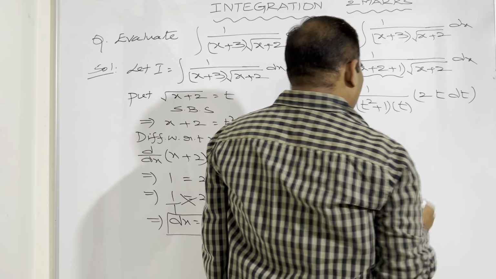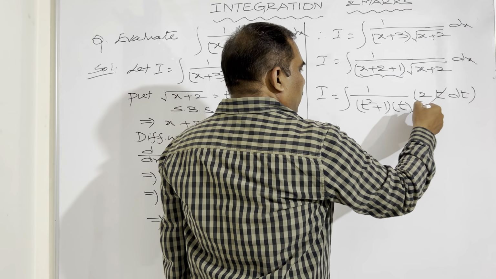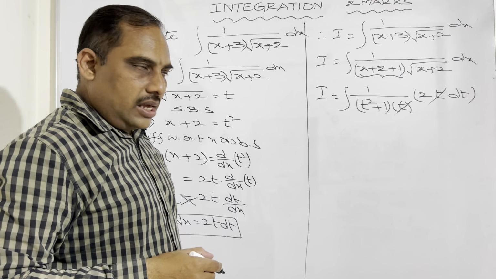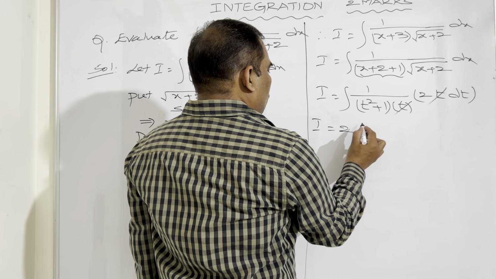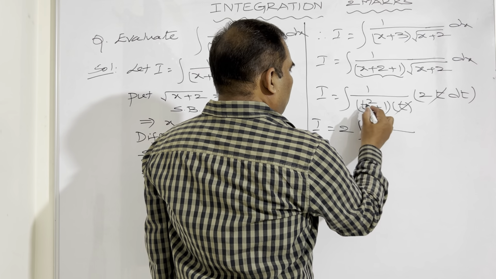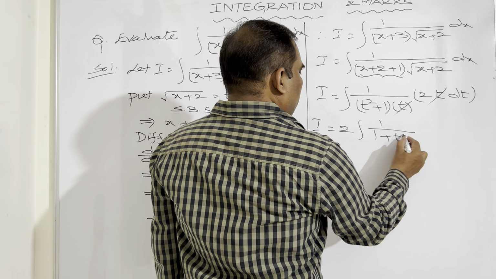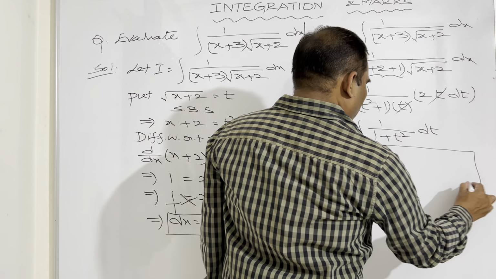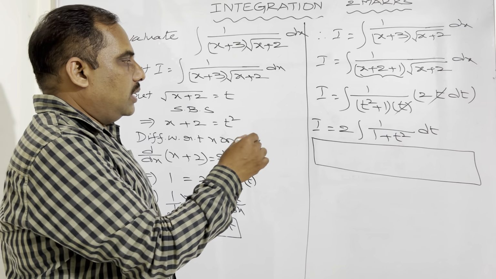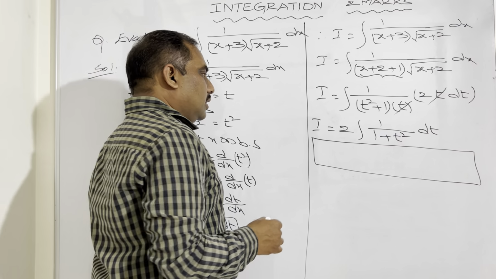Observe here, in the numerator and denominator, t gets cancelled. Now 2 is constant, so 2 into integral 1 by 1 plus t square dt.